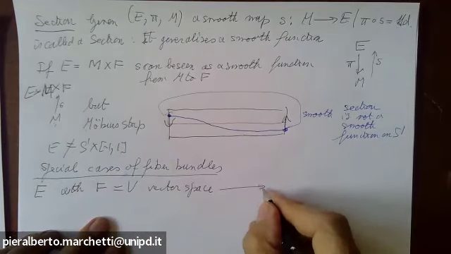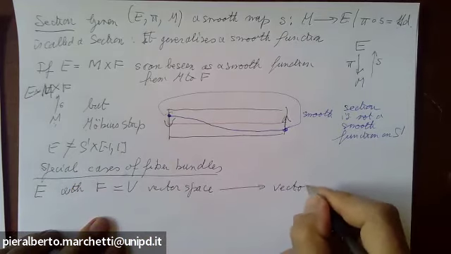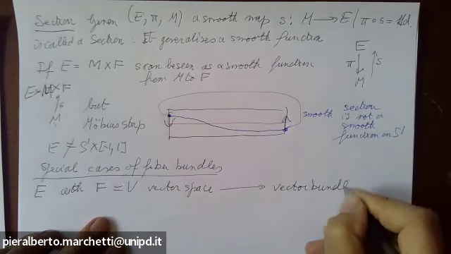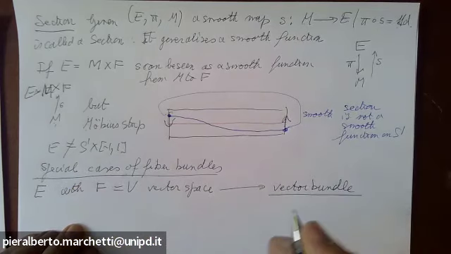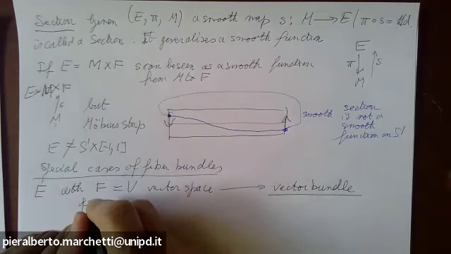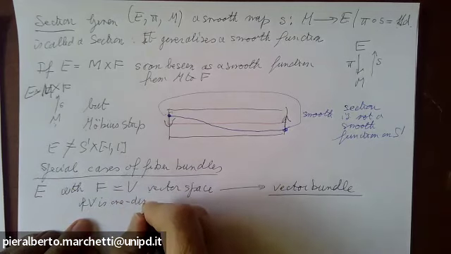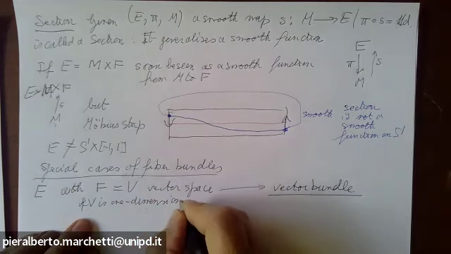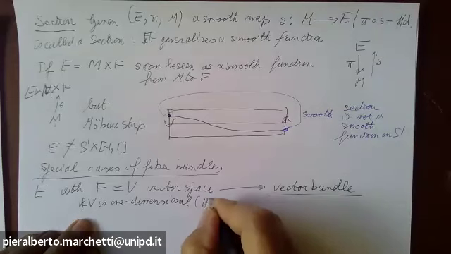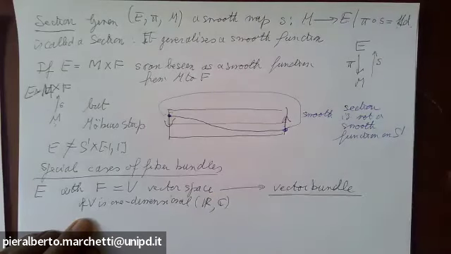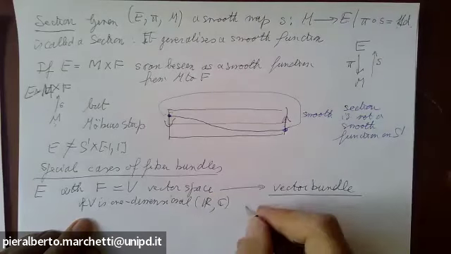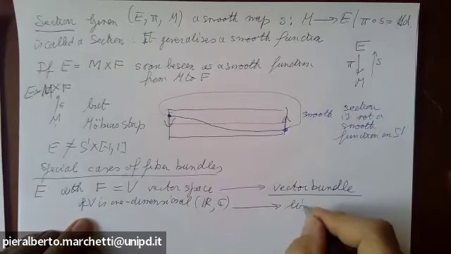Well, this is what we call a vector bundle. In the special case, if V is one-dimensional, so for example isomorphic to R or C, then we speak about a line bundle.